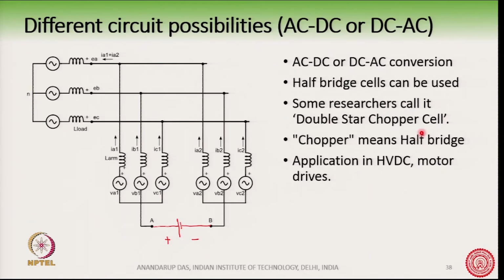The reason for double star is, you can understand that there are 2 star connected converters here. Okay. Remember that this is the upper arm and this is the lower arm, and they are fully controllable voltage sources.